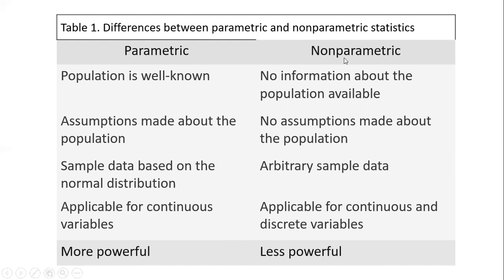Whereas non-parametric statistics are applicable for continuous and discrete variables. So here, ordinal, interval, ratio are okay. Nominal depends, it could be as well. And parametric statistics are generally more powerful than non-parametric statistics in terms of generalizability, in terms of making generalizations or inferences.